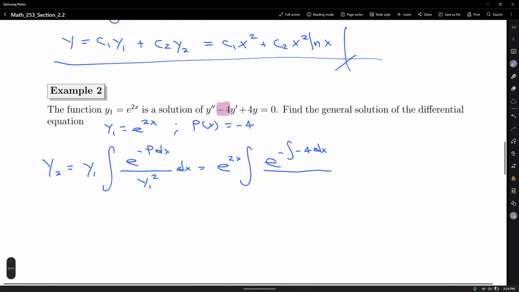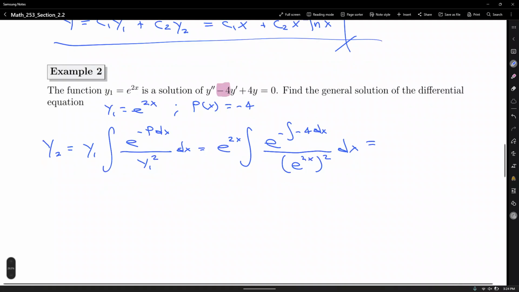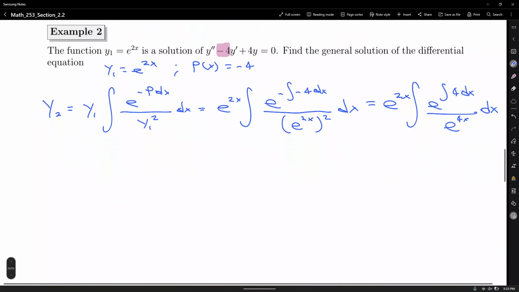Everything divided by the first solution that is given, e to the 2x quantity squared dx. Okay, e to the 2x times the integral of e to the integral of 4 dx, simplifying the negatives, divided by e to the 4x, careful, power of another power, multiply the powers, 2x times 2, that equals 4x.